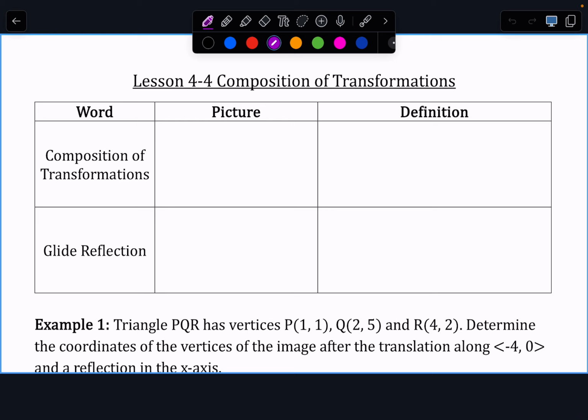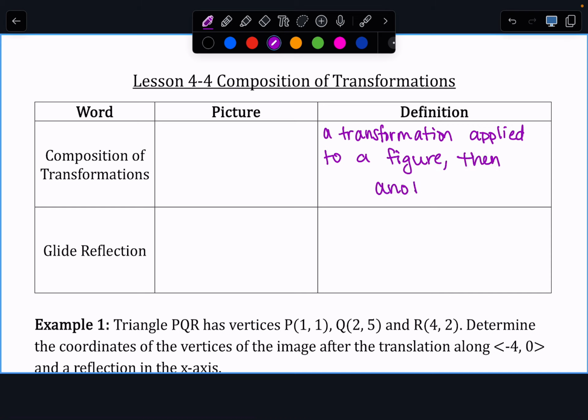So, we are focusing on the composition of transformations, which just means we're going to apply a transformation and then we're going to apply another transformation. So we're going to transform it. We have a new shape. Oh, now we're going to take that and apply a transformation, new shape.